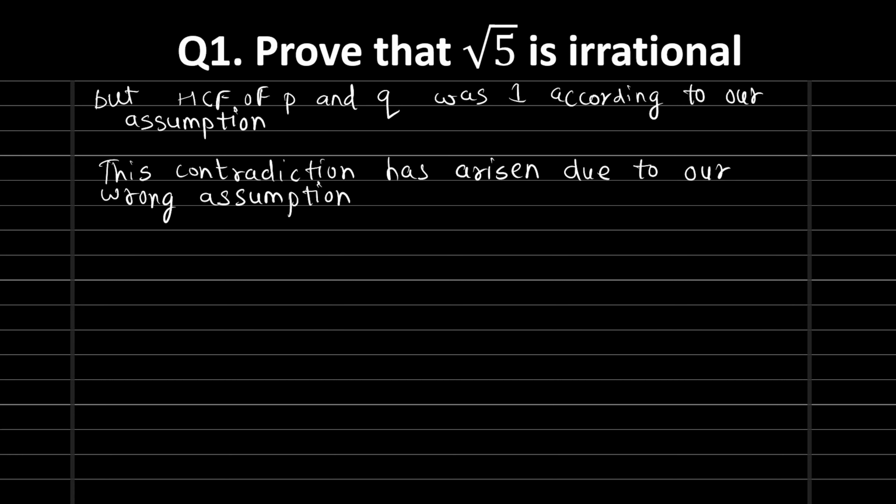Our assumption was that root 5 is rational. Right? So this contradiction has arisen due to our wrong assumption that root 5 is rational, which basically means that it implies root 5 is irrational.